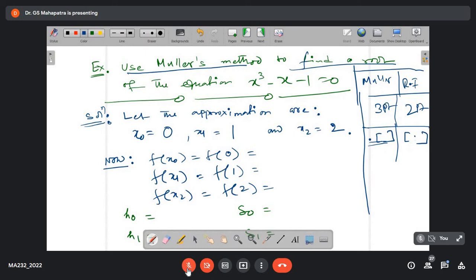But in regula falsi the root must be inside. What are the possible roots? Any real root is there?